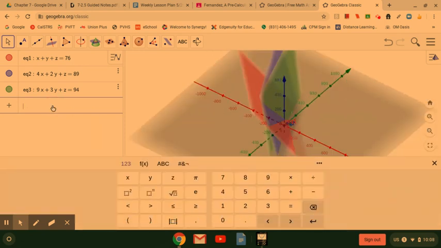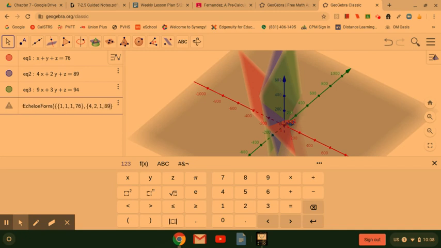Okay, so we're gonna type in reduced row echelon form, and we're going to write it just like I have. We need two curly brackets. And we're gonna input our matrices just like in our notes. So 1, 1, 1, 76, close curly bracket. And then open curly bracket, 4, 2, 1, 89.